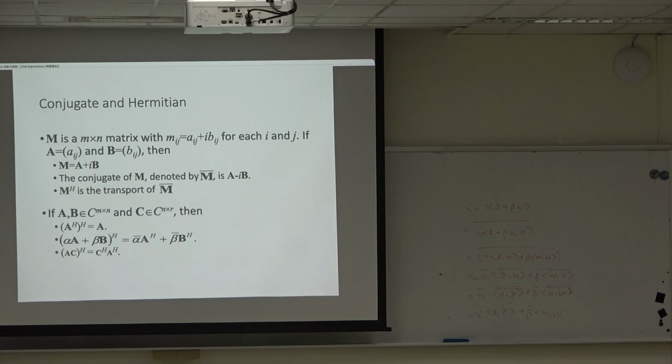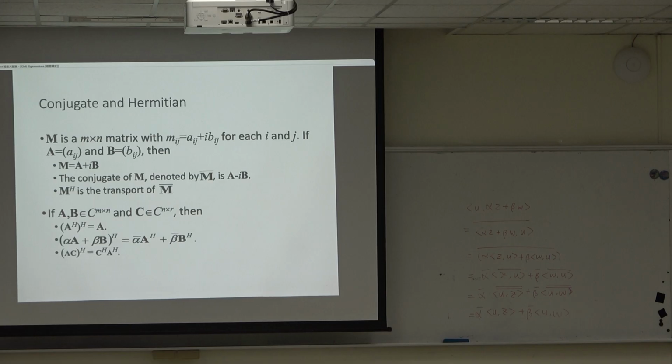So conjugate and Hermitian, and now we are extending the idea from vectors to matrices. M is an n by n matrix with M_ij equal to a_ij plus i b_ij.